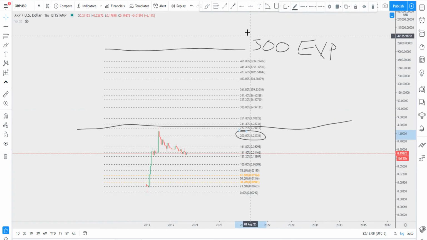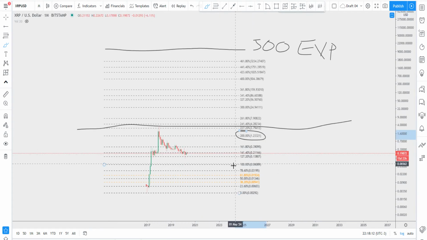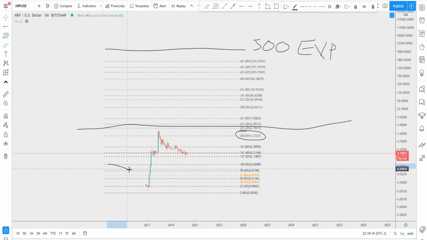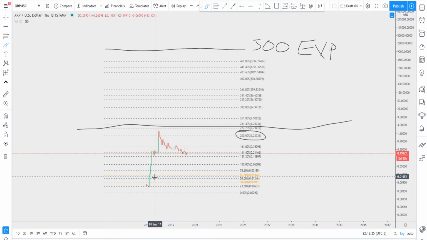Okay, so what's the thing here for XRP? Right after XRP left the 100% level, because we have a price action like this here, that's the reason for the draw. So when XRP made it out of the 100 level, XRP made it to the 200% level.